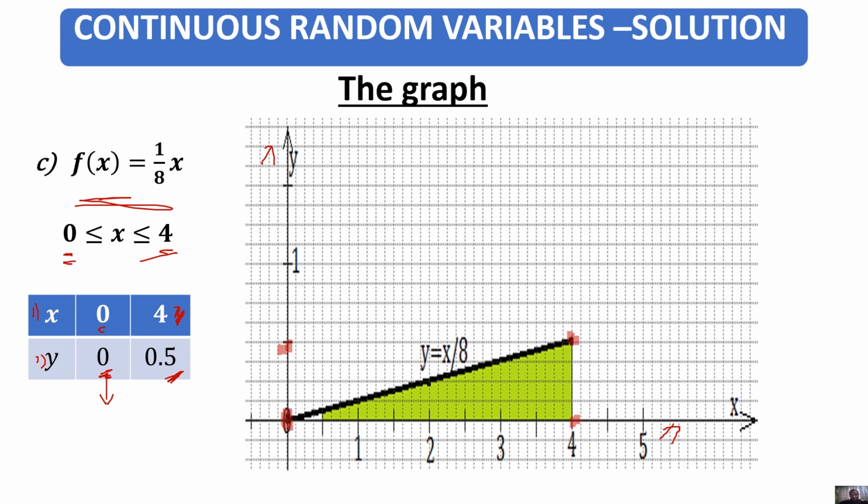The intersection is this point. We have the function f of x is equal to 1 over 8 x, or y is equal to x over 8. You can see this is the line, this one. So this is the required graph of y equal to x over 8.